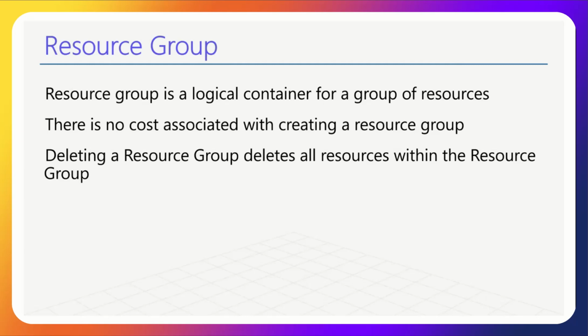Even though I'm creating virtual machines and virtual networks, which sometimes have different life cycles, today they have a life cycle that just spans this session. And so therefore I'm able to create it in one resource group and delete it with ease.